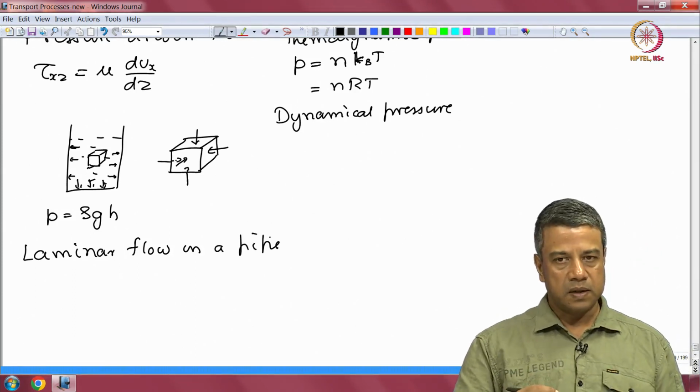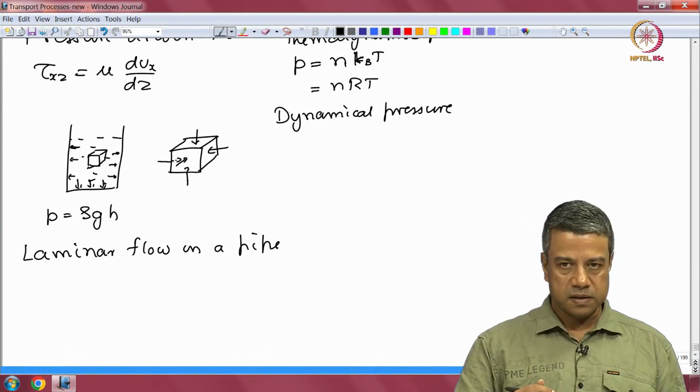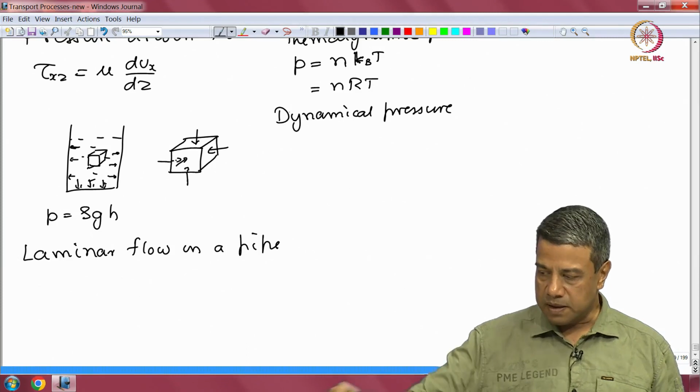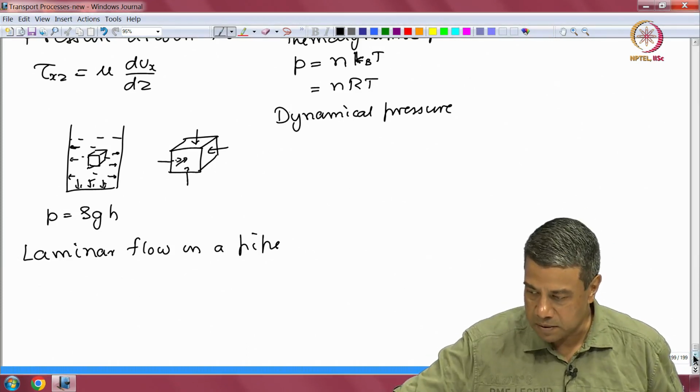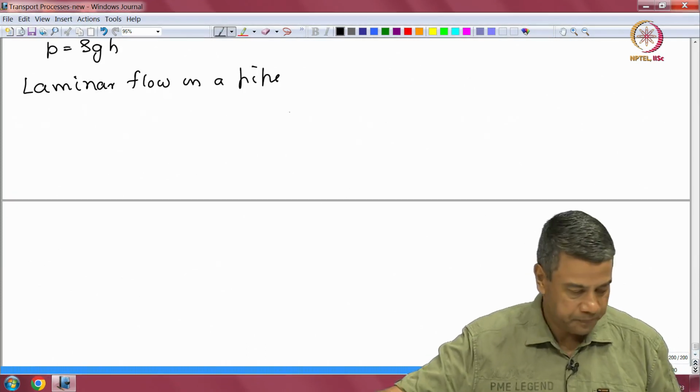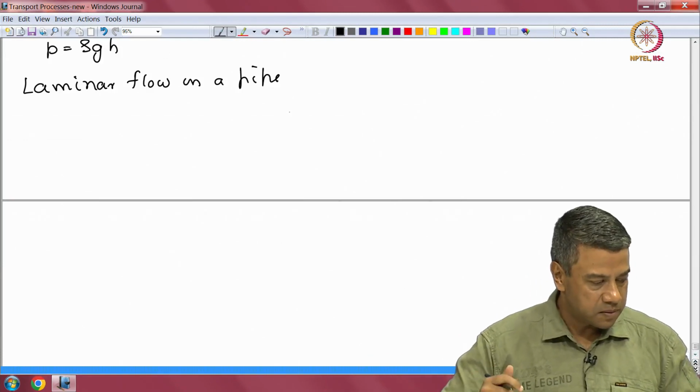We will calculate the momentum conservation equation when there are pressure variations. This is probably the most utilized unit operation in industries, in order to transport fluids.